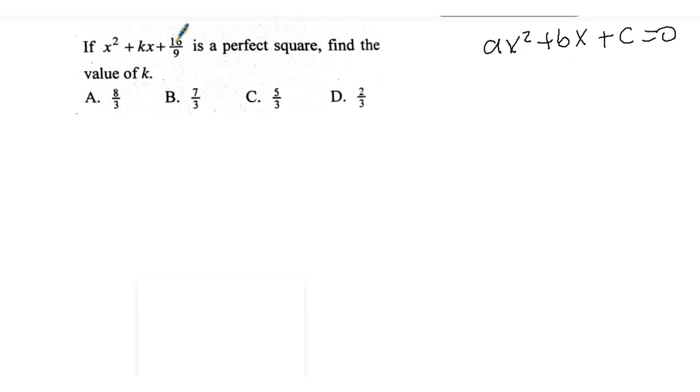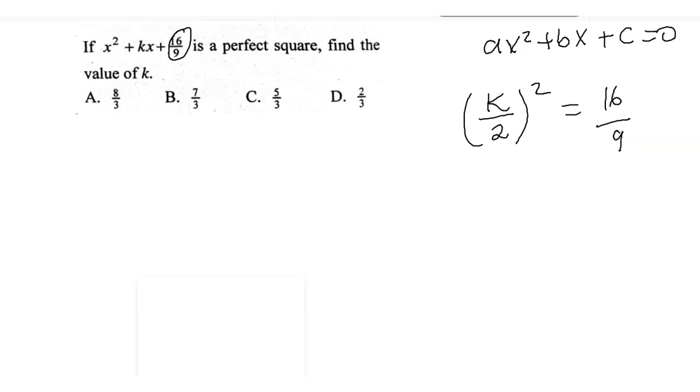So we can use that idea to solve this one, or we can use the other method. Here they have already found the number that we add on both sides. It was k over 2. Remember it's b over 2, and then we square it, and that gave us 16 over 9. So if we solve this, we are able to find the k that they are looking for.